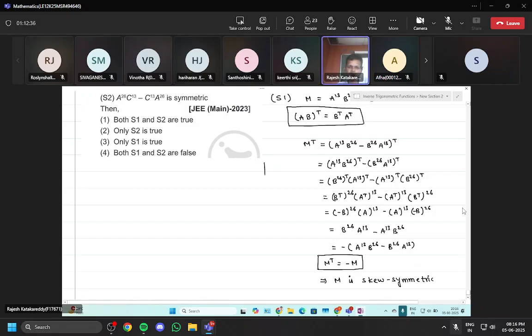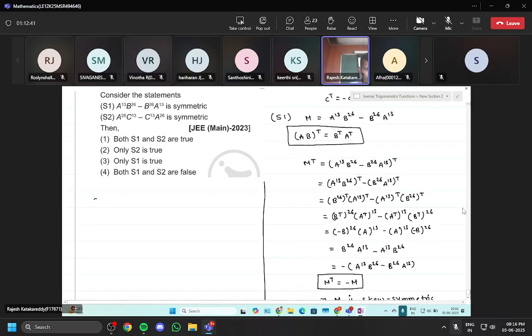So one more statement is there. Let us solve that statement as well. In the second statement S2, let us call the given matrix as N. N is equal to A power 26, C power 13 minus C power 13, A power 26. Right? Now taking transpose, N transpose is equal to A power 26, C power 13 minus C power 13, A power 26 whole transpose.